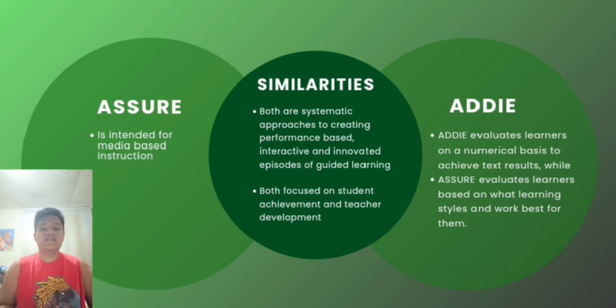Differences in evaluation. ADI employs a more traditional quantitative approach to evaluation. Learner performance is often measured numerically, and the focus is on achieving specific learning objectives, while Assure takes a more holistic approach to evaluation.